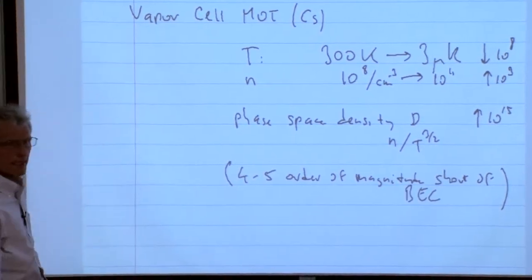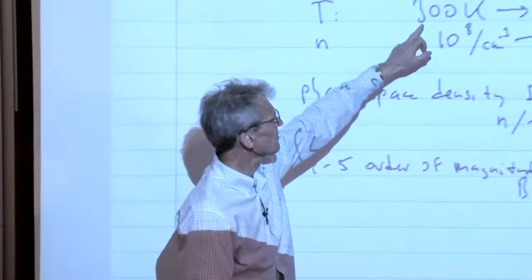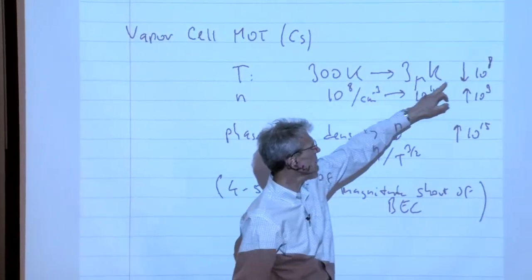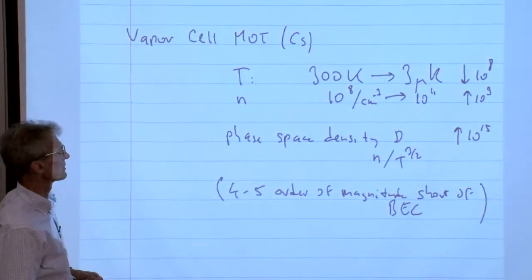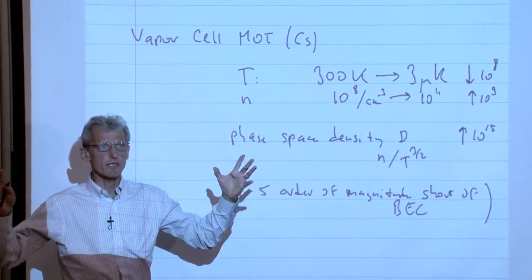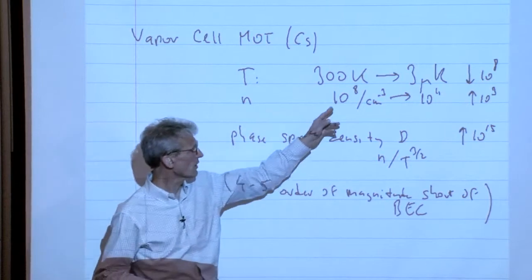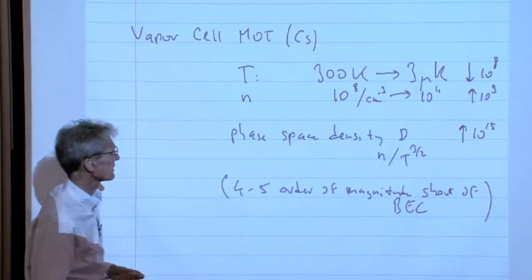Those laser beams have a restoring force in velocity. That means they cool and increase the phase space density of your sample by 8 orders of magnitude. Those laser beams also have a restoring force in the spatial dimension. Therefore, you get a cloud which has 3 orders of magnitude higher density.